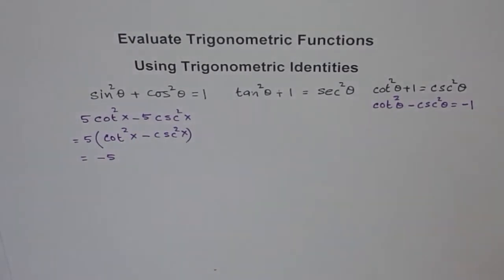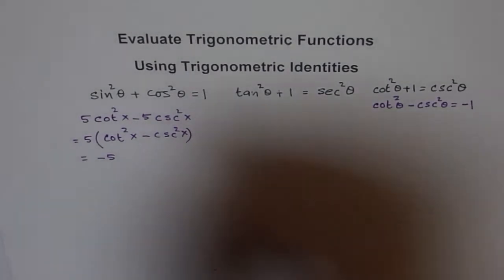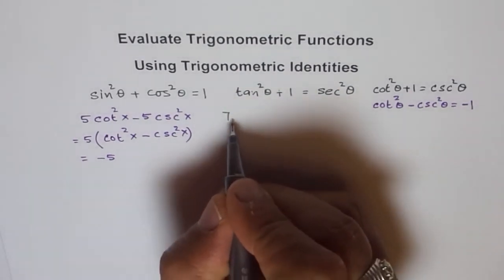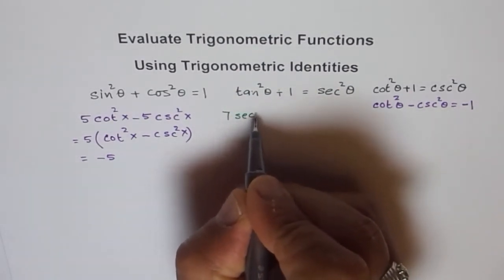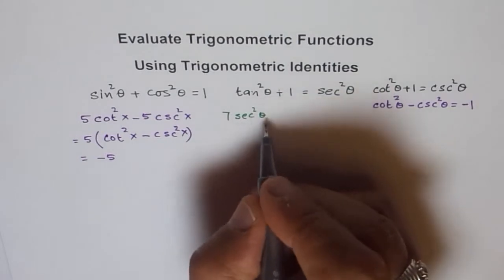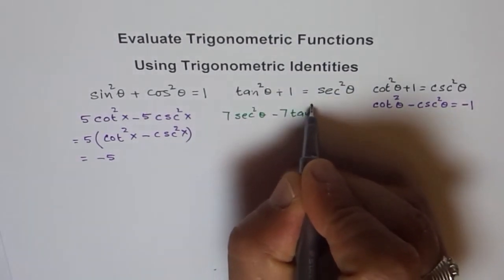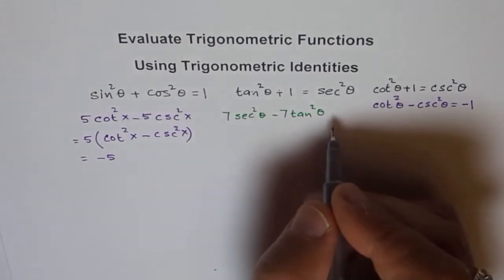Let me take one more example, and do it in a different way this time. Let's say we have 7 secant square theta minus 7 tan square theta. What does it equal? It's the same thing.